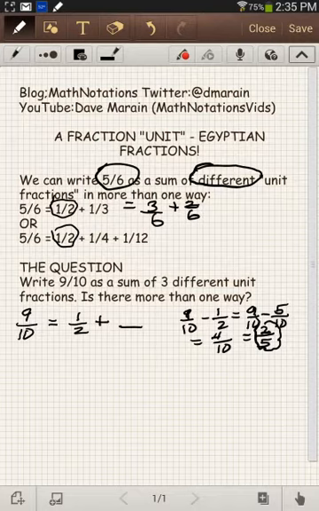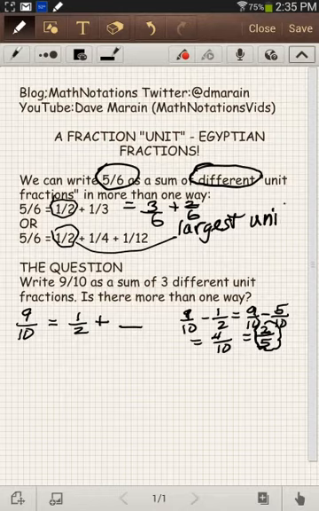And in fact, 1/2 is the largest unit fraction less than 5/6. And then we move on from there. Now there is an algorithm for this, a step-by-step procedure, which is known as the greedy algorithm. I'm not going to go into details with that. We're just going to demonstrate this with another question.